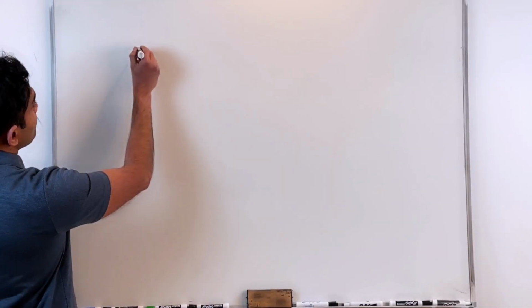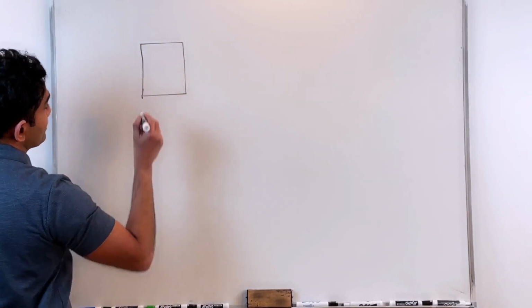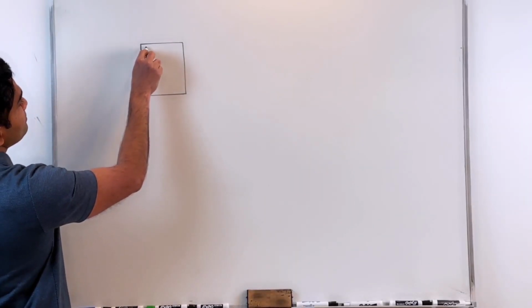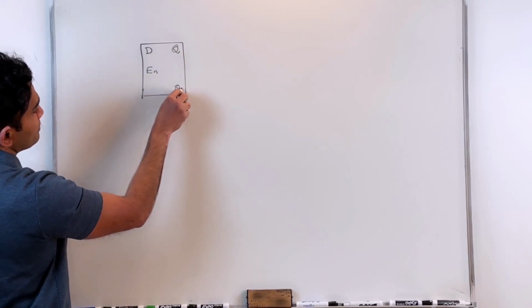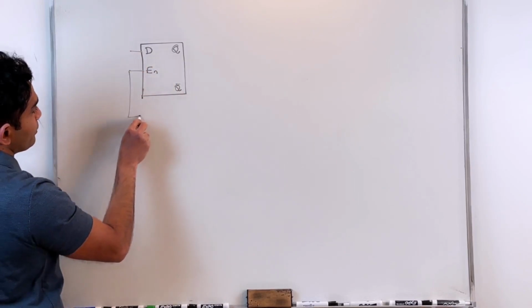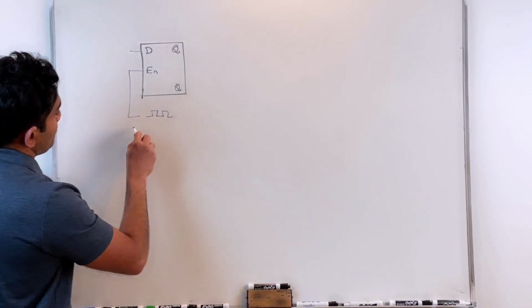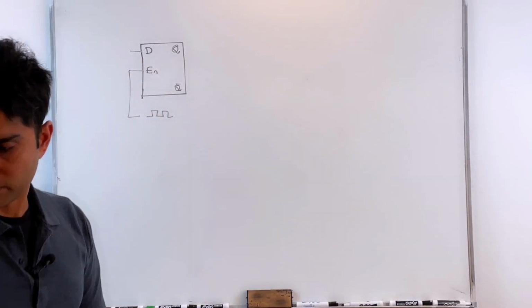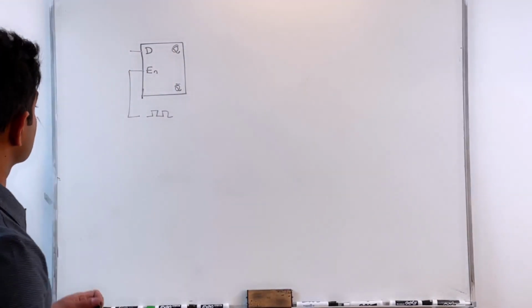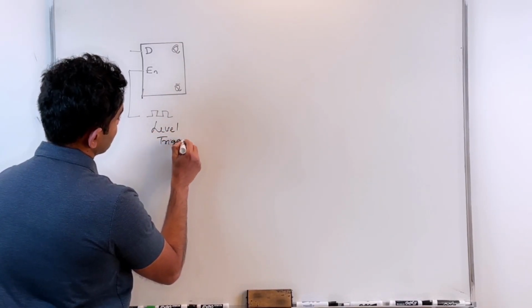All right. Now let's look at the symbolic representations first. So this representation of a flip-flop, where you're applying the clock here, this corresponds to the level triggered flip-flop.